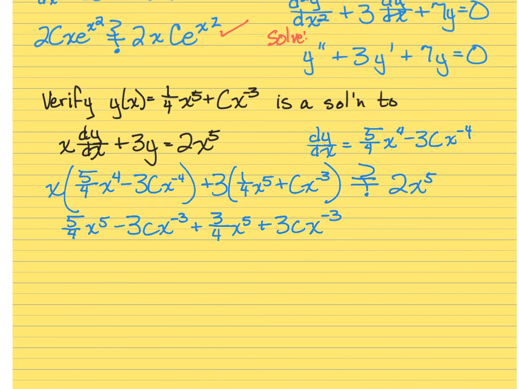And let's just take a little look here. It looks like this term and this term are going to disappear, and we're left with 5/4 x to the 5th plus 3/4 x to the 5th, which of course is 8/4 x to the 5th, or yes, 2x to the 5th.